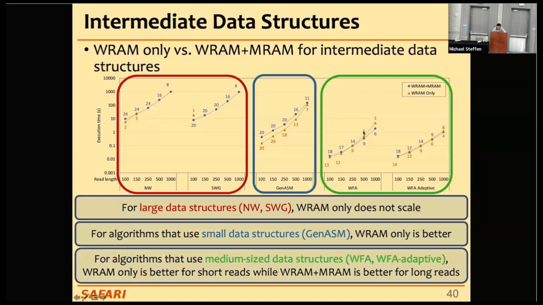As you can see, for example, in WFA, for 1000 read length, we can only use one thread. And that really doesn't make much sense, because we are far from the peak throughput or the peak performance that the PIM cores can achieve.